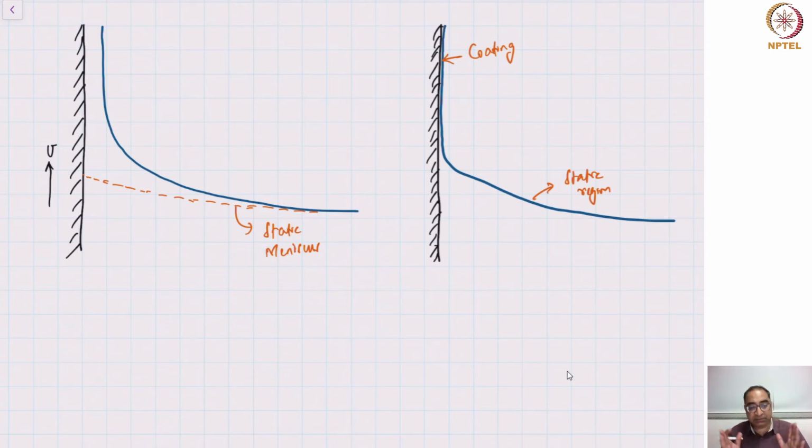So we divide this problem into several regions. Okay, the first thing is we will consider a region which is a region over here which you can think of as the viscous dominated region.